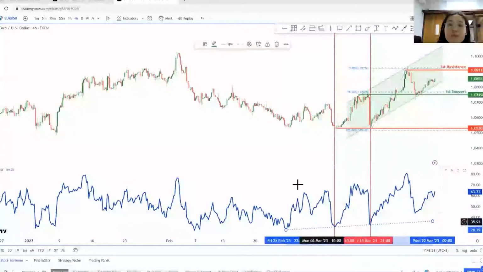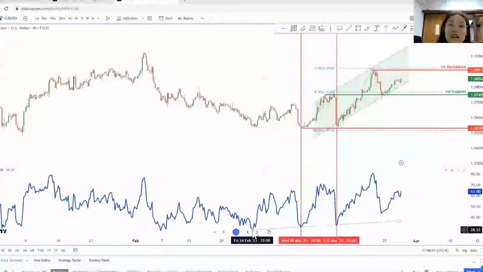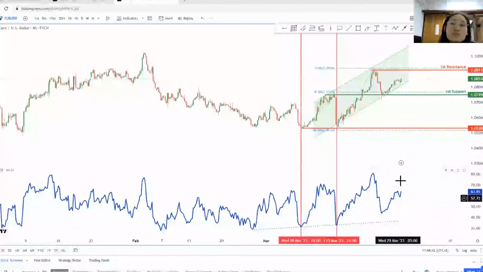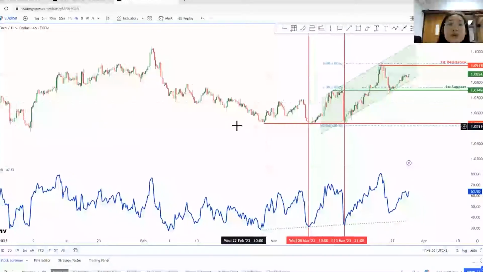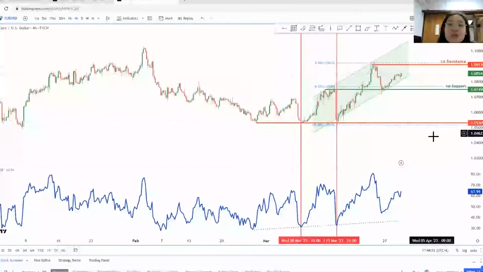Okay, we can see that on our RSI, we also have an ascending trend channel, whereas on our, let me pull this back. Yeah, so on our price chart, we have a horizontal support level instead.